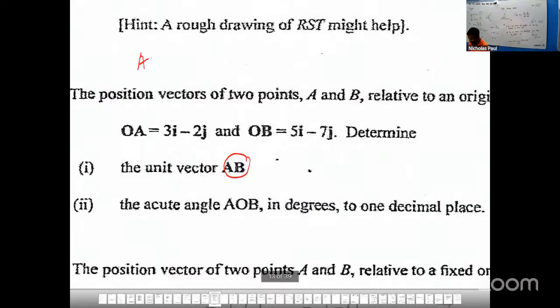So to get AB, you have to write AO plus OB, because they gave you OA and they gave you OB. They did not give you AB, so you need to work it out. What's AO again, Vishish?